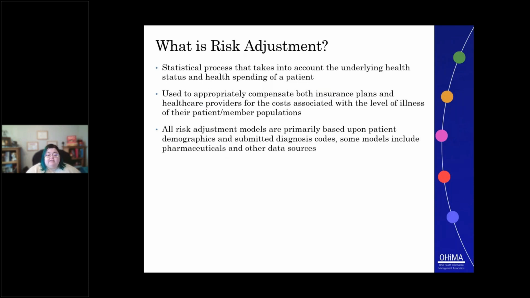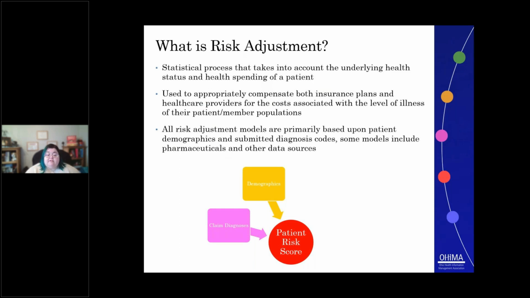Most risk adjustment models contain at least two components. So a demographic risk is calculated based upon a patient's age, sex, race, and ethnicity. And then a condition score that is based upon a set of diagnosis codes primarily sourced from claim submissions.